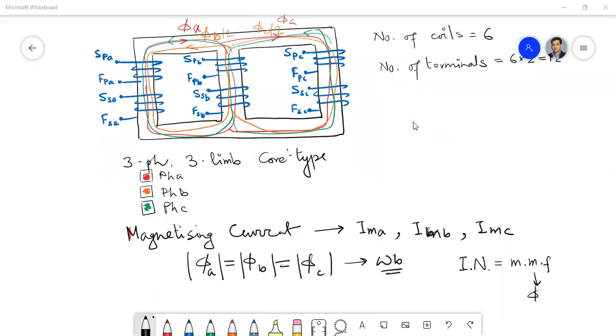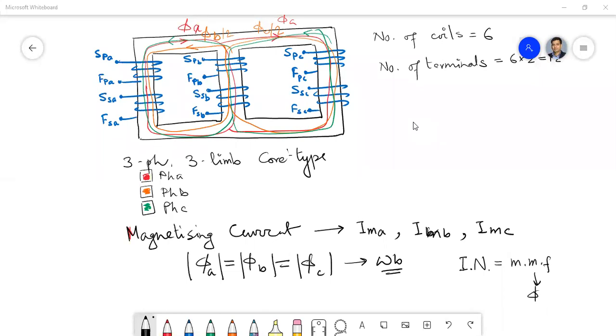Therefore the B phase needs the minimum mmf or minimum magnetizing current to produce the same amount of flux at each point on the core. Have you understood this point?